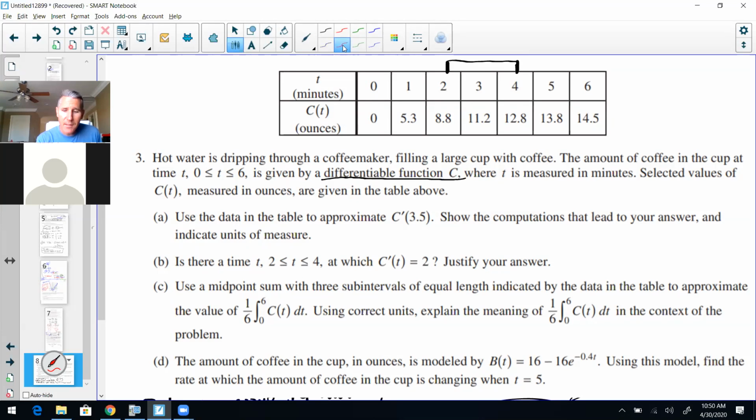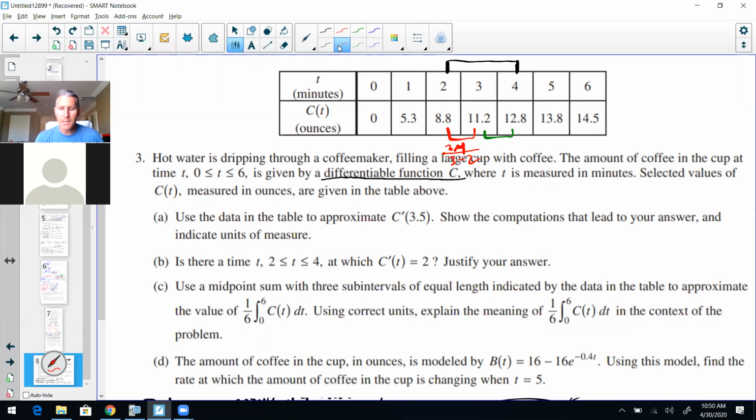Anyway, just looking at these two values, and then I'll look at these two values. Let's check this out. In between 2 and 3, I have that from 8.8 to 11.2, that's 2.4 divided by 3 minus 2. So what am I doing there?